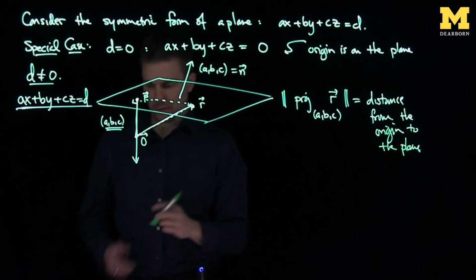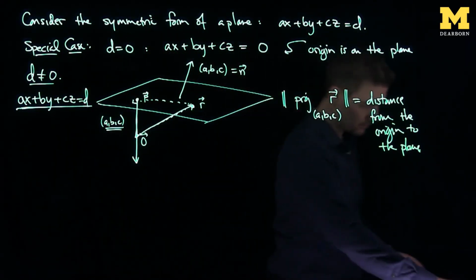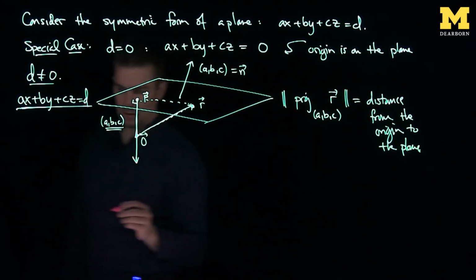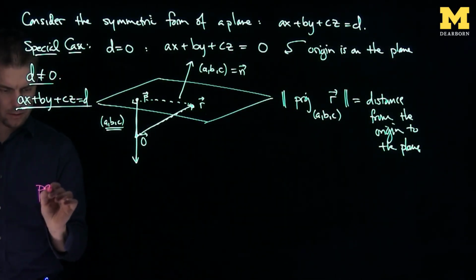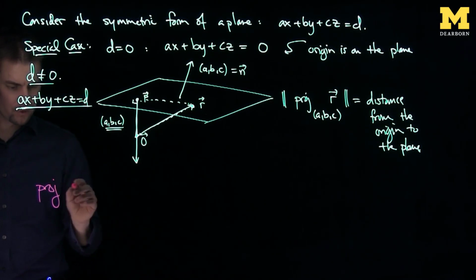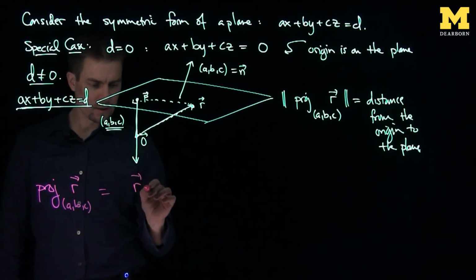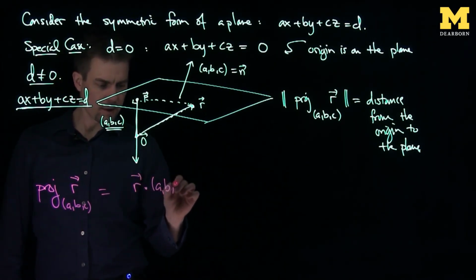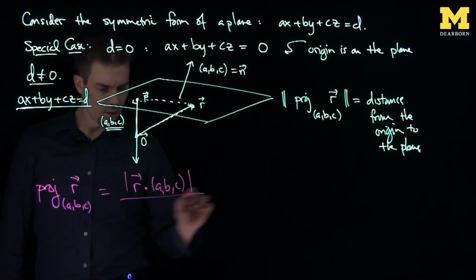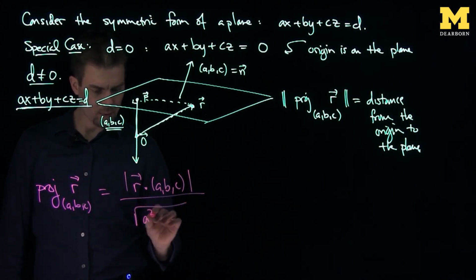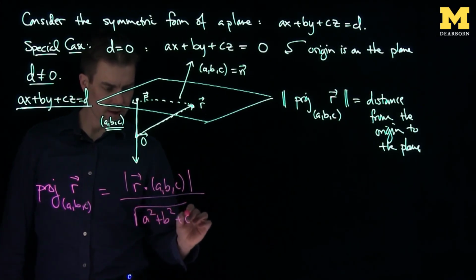Now we know the formula for the projection. The projection of R onto A, B, C will be R dot A, B, C, over the length of A, B, C, the square root of A squared plus B squared plus C squared.